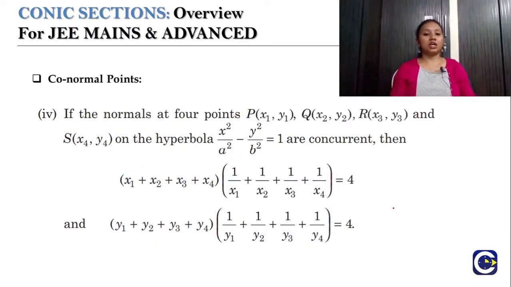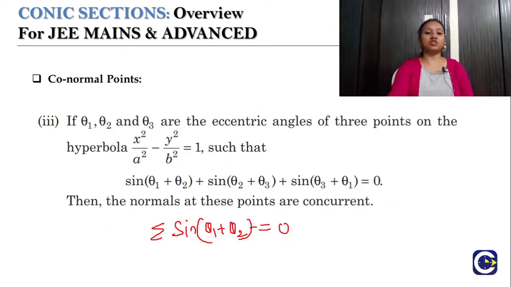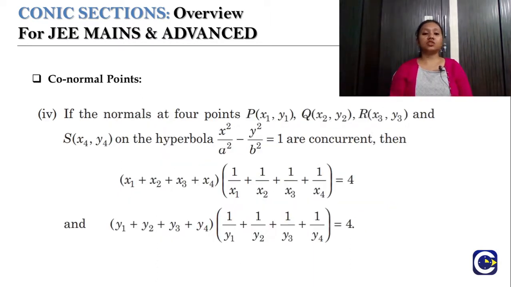And the next standard result is: if the normals at 4 points P, Q, R, S on the hyperbola are concurrent. How can we say whether they are concurrent or not? You can find out whether they are concurrent or not by using the eccentric angles concept, which we have seen just now in our previous results. If they are concurrent, then there is a standard result related to their coordinates: the sum of their x coordinates into the sum of the reciprocals of their x coordinates is equal to 4.